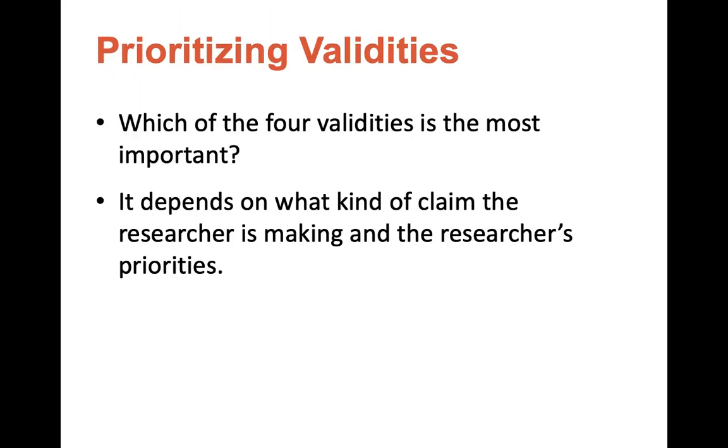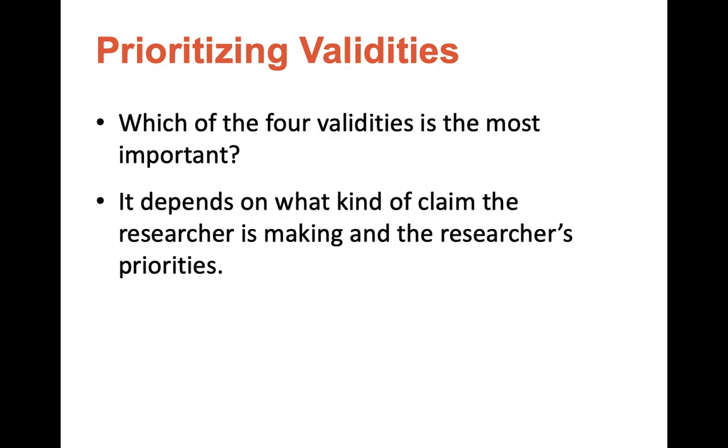All right, I just want to wrap up with the idea of prioritizing validities. We might ask, which of the four validities is the most important? And it really just depends on what kind of claim the researcher is making and the researcher's priorities. So internal validity is really the top priority when we want to make a causal claim.